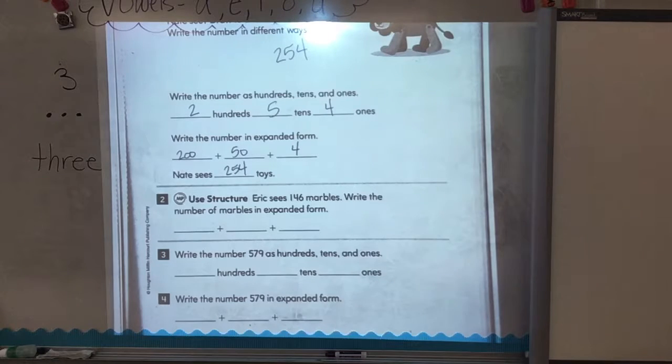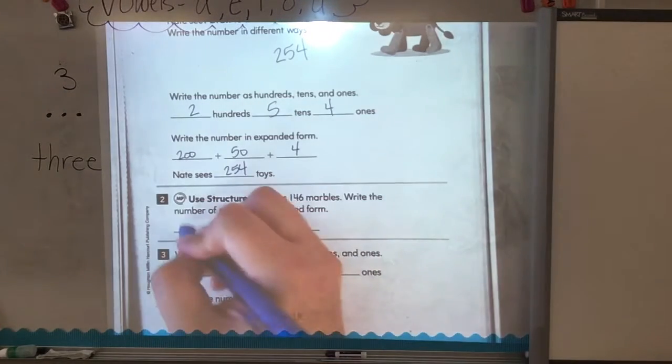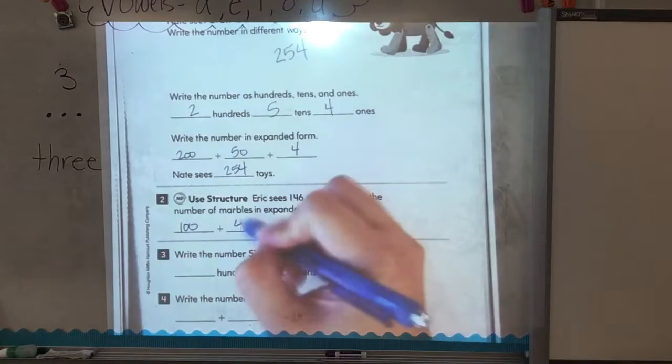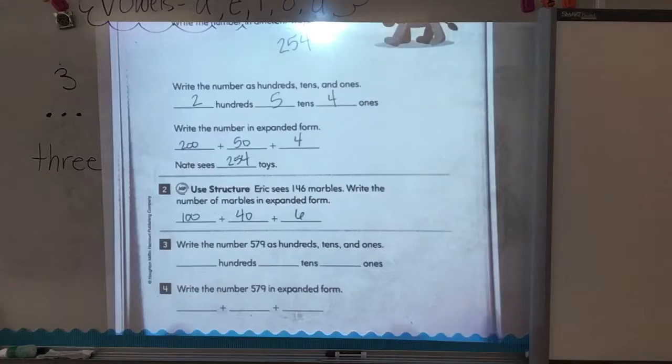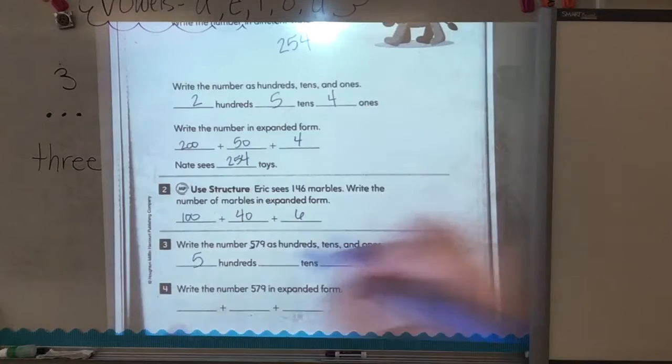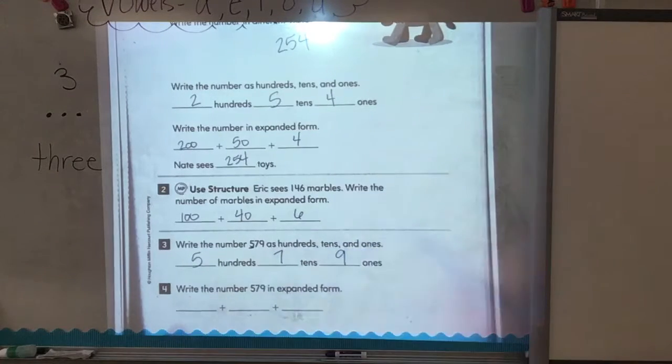So just reinforce that language at home also. When you see expanded form, I'm asking for the value of each digit. So this would be 100 plus 40 plus 6. If I'm asking you how many hundreds are there, that means how many in that place. 5 hundreds, 7 tens, and 9 ones.